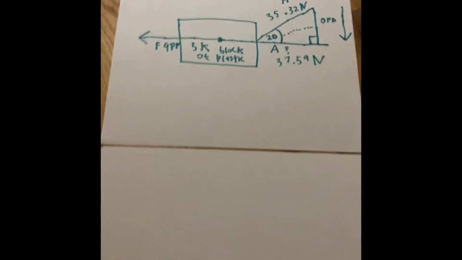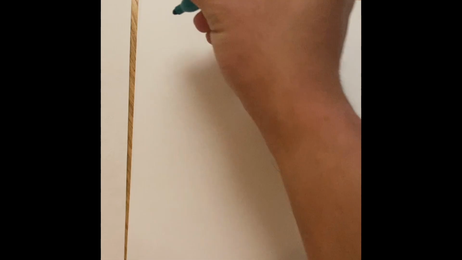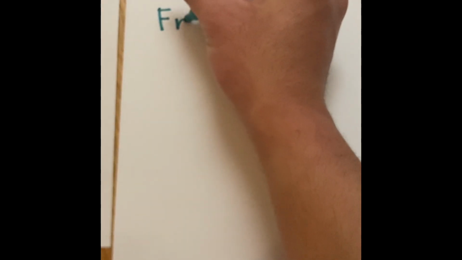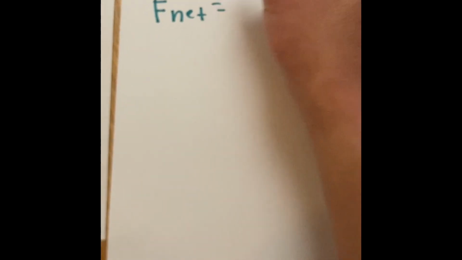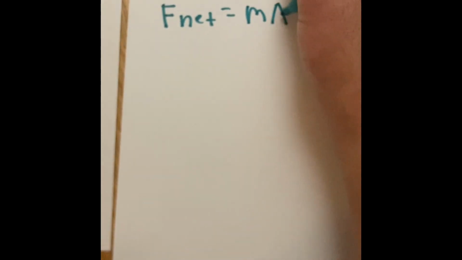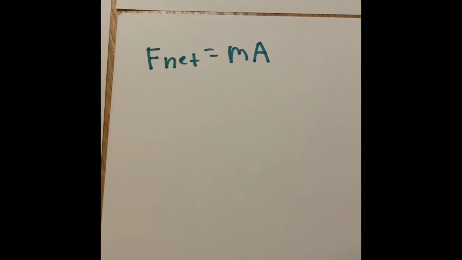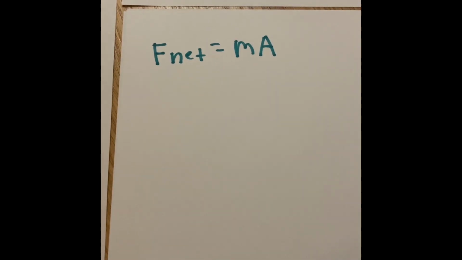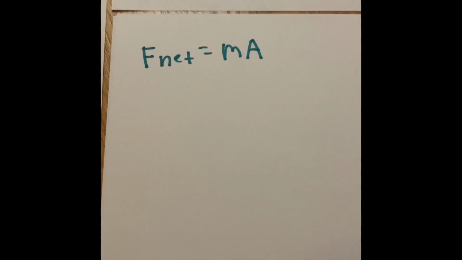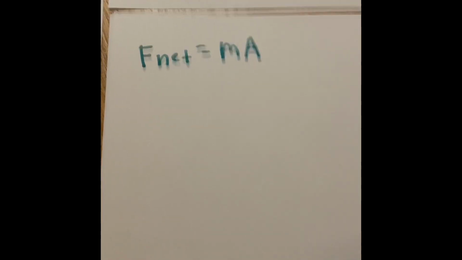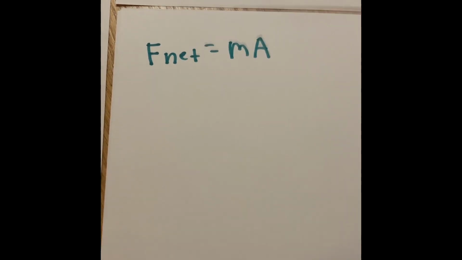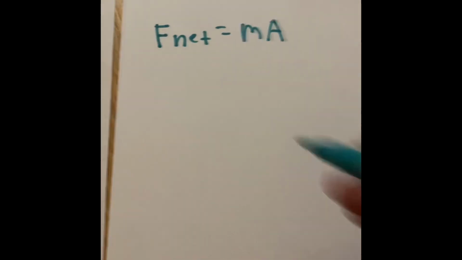Well, here is where it comes easy. We know that when you push on something, net force is going to equal MA. The net force has to be a lot greater than the friction in order for it to actually move. So our F net horizontally is going to be 37.59.